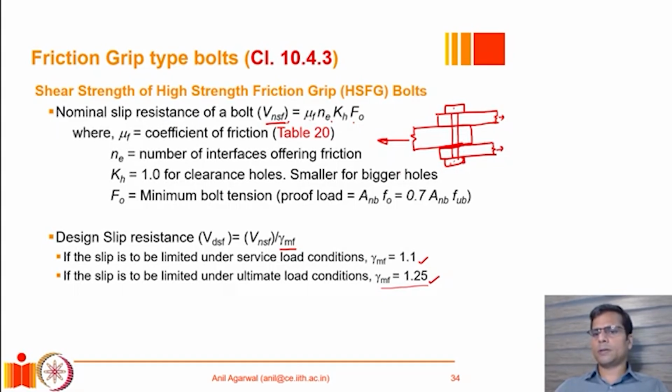However, whenever there is an ultimate load, the maximum possible load that comes to the structure, it allows for slip, and the connection changes its behavior into a bearing type behavior. If that is the design philosophy, then for service load conditions, that is for slip resistance, we will take a factor of only 1.1.